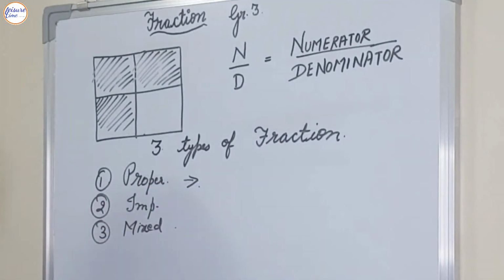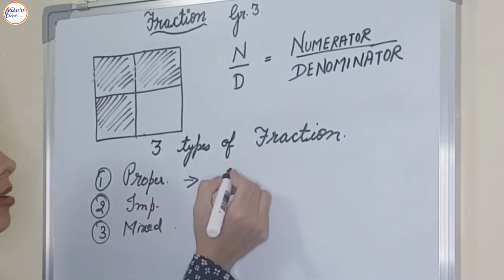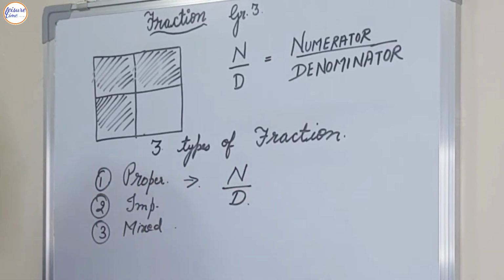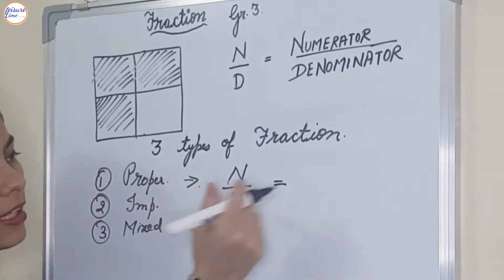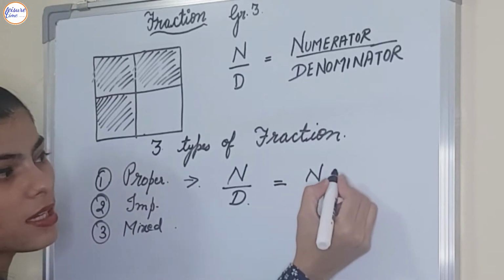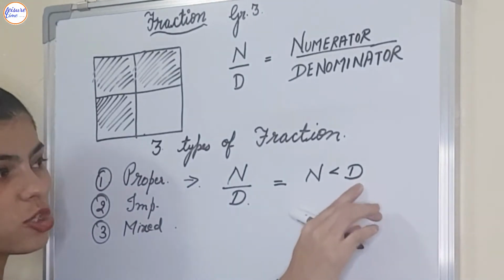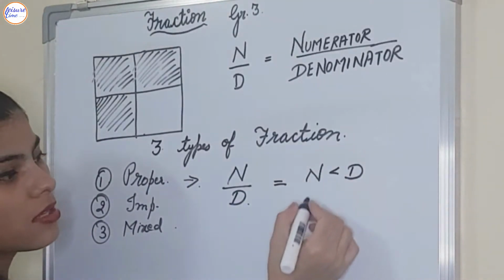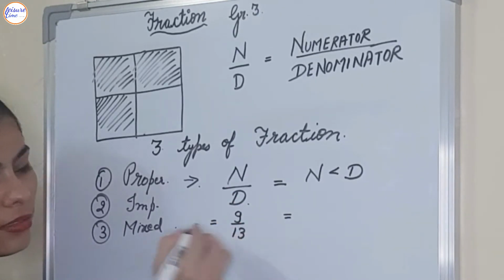Okay, so we will start from proper fraction. How you will find? See, first is proper fraction. In proper fraction, remember always the numerator and denominator. We have 2 parts, numerator and denominator. Okay, so in proper fraction, if numerator is less than denominator, which means denominator should be greater. So for example 9 by 13.